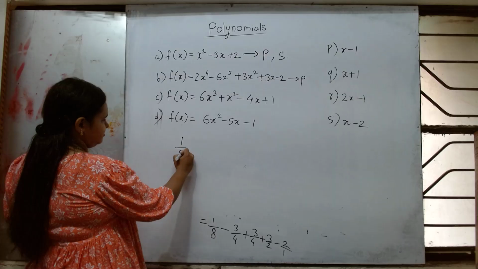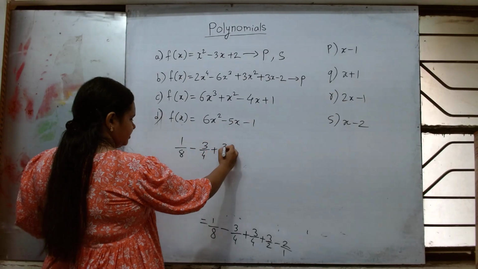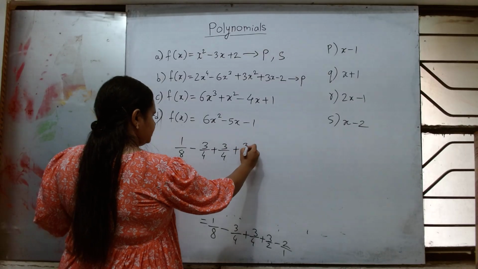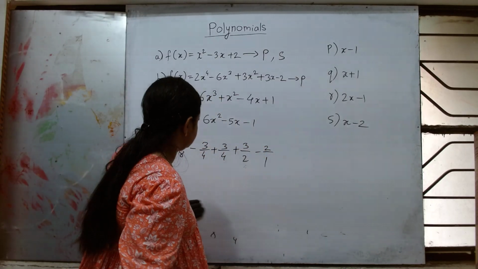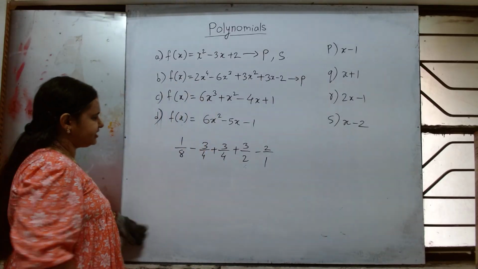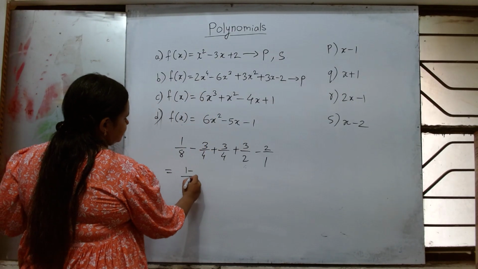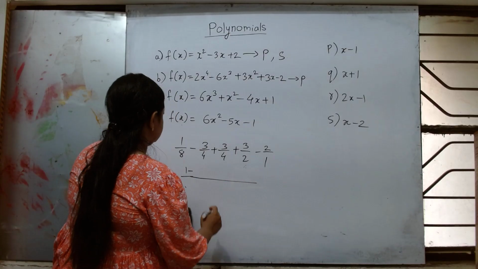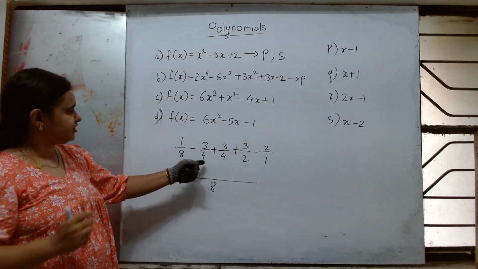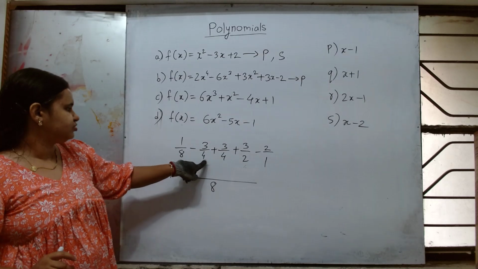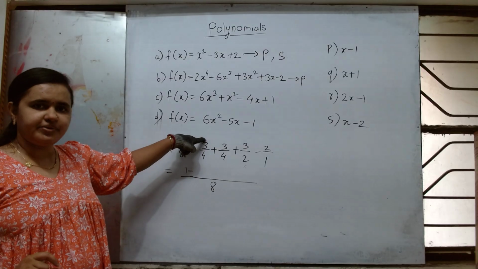I write it again. 1 upon 8 minus 3 by 4 plus 3 by 4 plus 3 by 2 minus 2 upon 1. So LCM was 8. So it will be 1 upon 8 minus. If we have to put 8 here, it will be multiplied by 2, so the numerator will also be multiplied by 2.